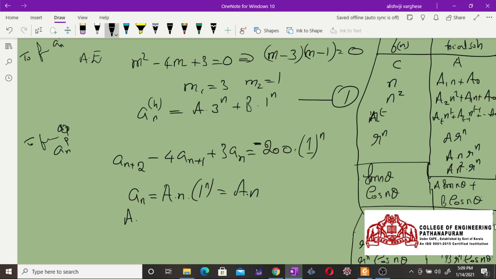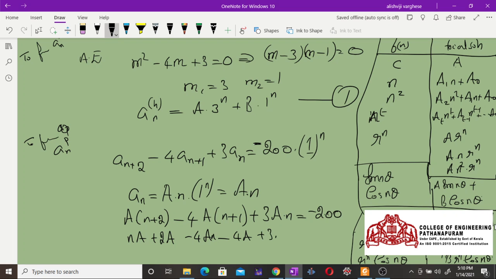So a_{n+2} is capital A into n plus 2, minus 4 times a_{n+1}, which is capital A into n plus 1, plus 3 times A into n is equal to minus 200, and we solve this equation for the value of A. So it is An plus 2A minus 4An minus 4A plus 3An.